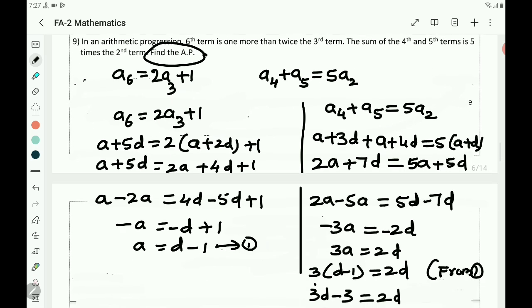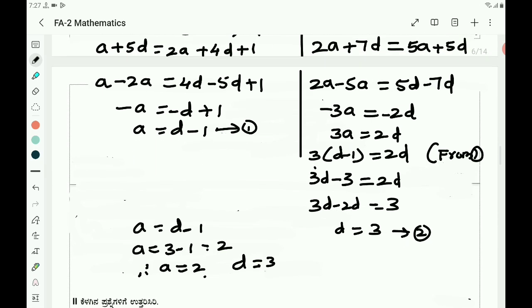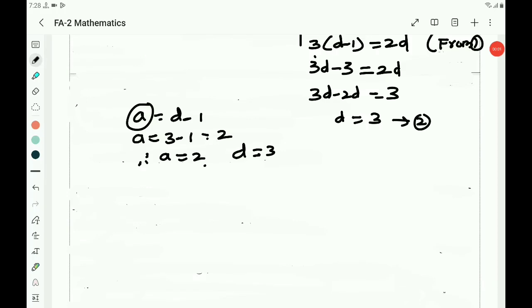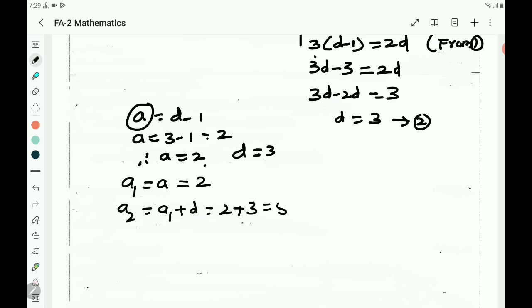Then you must find A1, A2, A3. A1 means A, already there. A1 plus D gives you A2, and A2 plus D means A3. Then you write A1 equals A, which equals 2. A2 equals A1 plus D, that is 2 plus 3 equals 5.